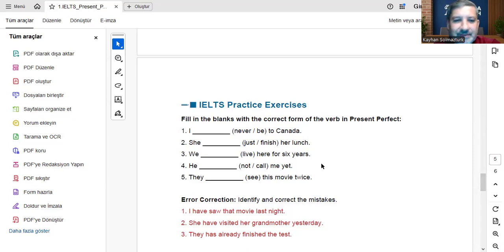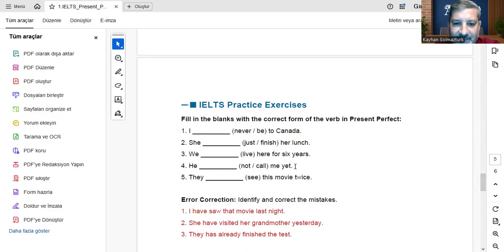All right. So he hasn't, look, negative form. Of course, the auxiliary verb takes the not. All right, negativity. So he hasn't called me yet. He hasn't called me yet.